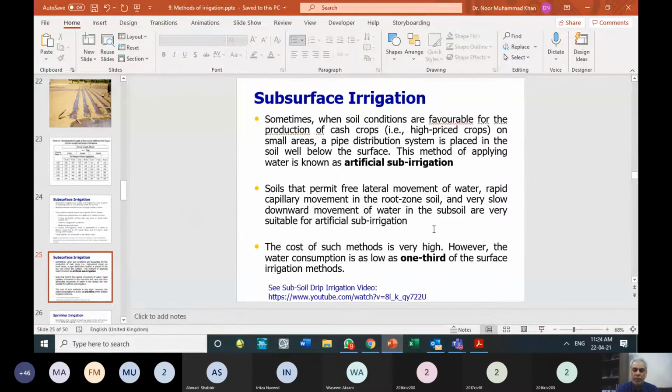So it reduces the losses because no pondage is there. It enhances the area available for cultivation, and these are the benefits. The negative things are that a special kind of soil is required. Second, a high initial cost is required, especially for this artificial subsurface irrigation.